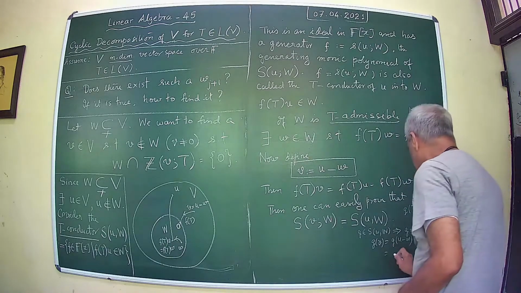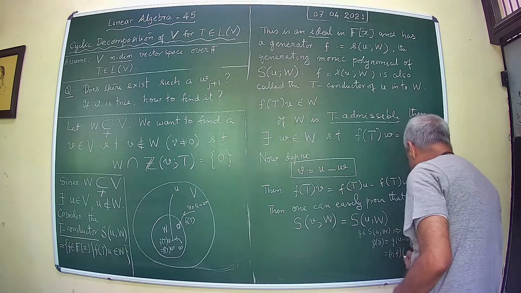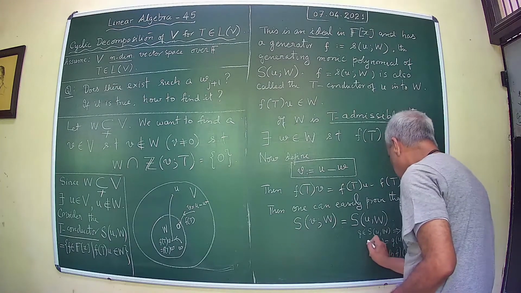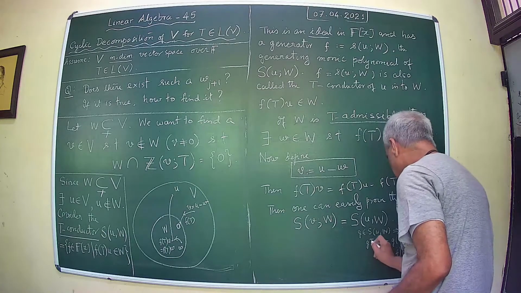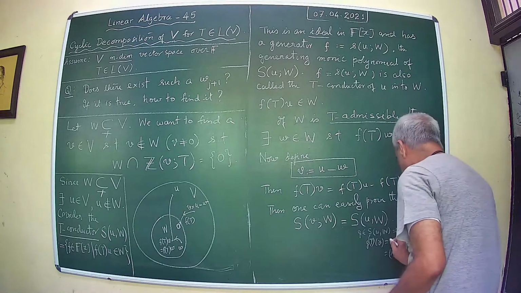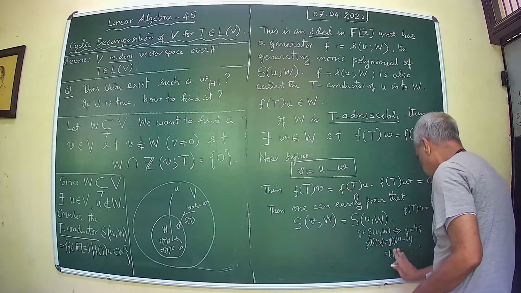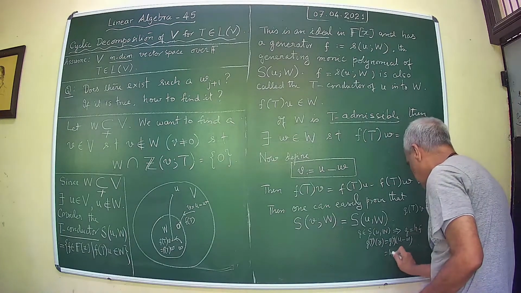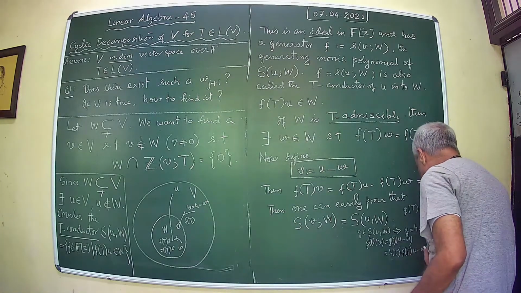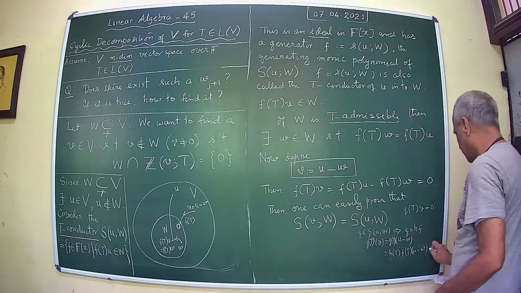Which is equal to H of... and FTU equal to FTW, therefore this is equal.